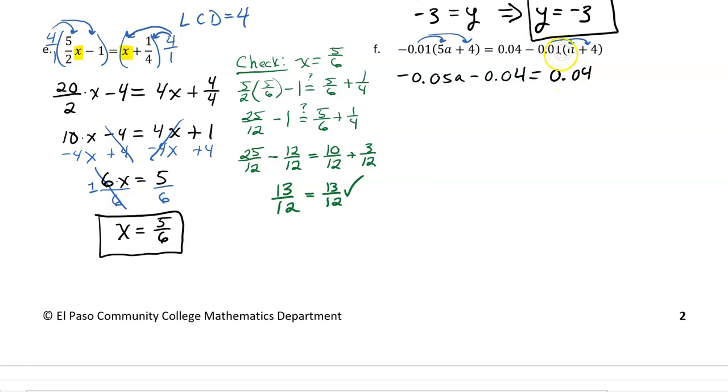I do have another distribution here, so negative 0.01a minus 0.04.